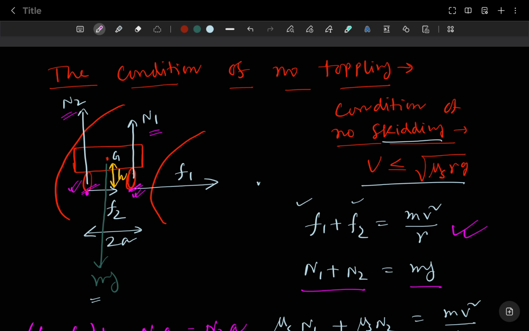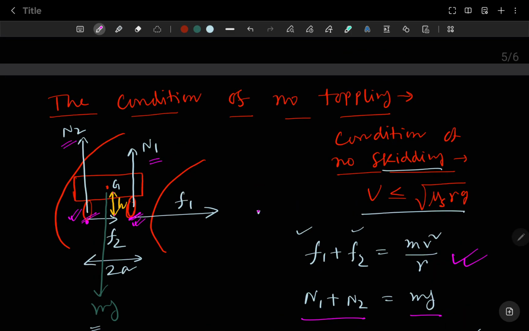So in one word we can say, if the car has to carry out a circular turn with a high velocity, its base has to be wide and heavy. That means the center of gravity or center of mass, whatever you call it, is closer to the ground.